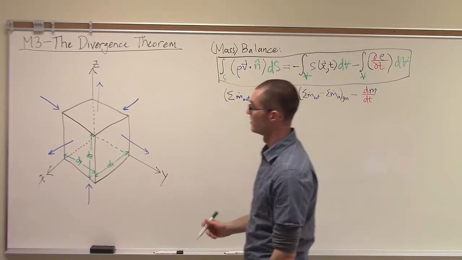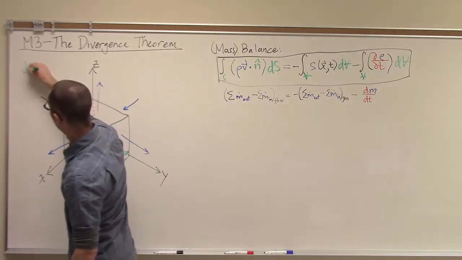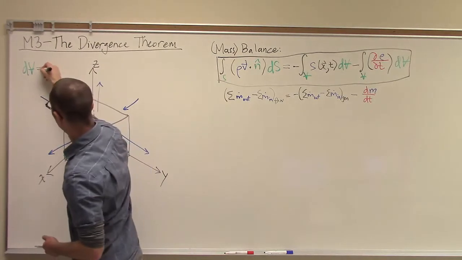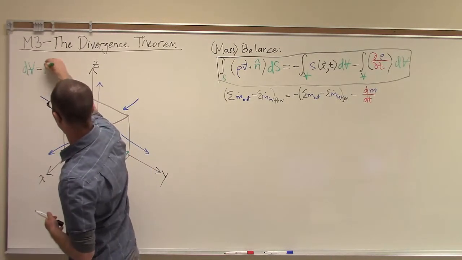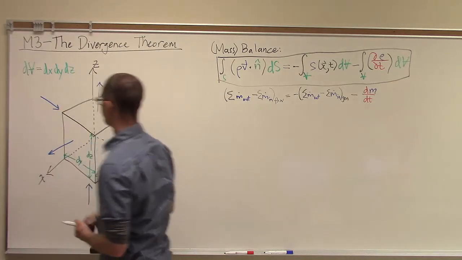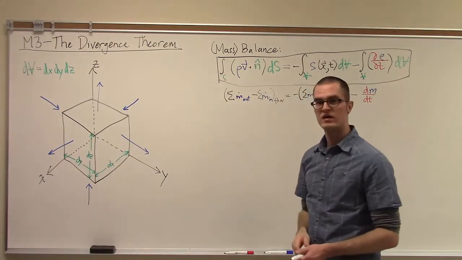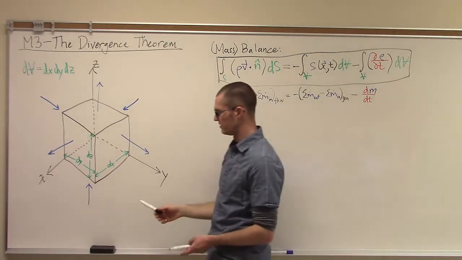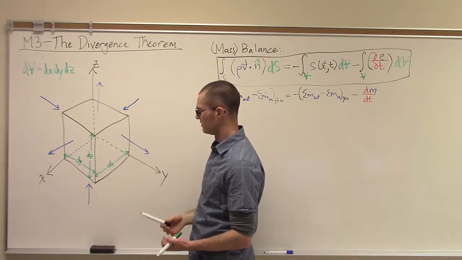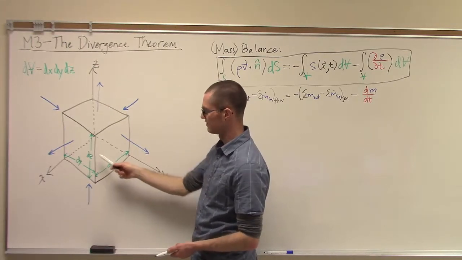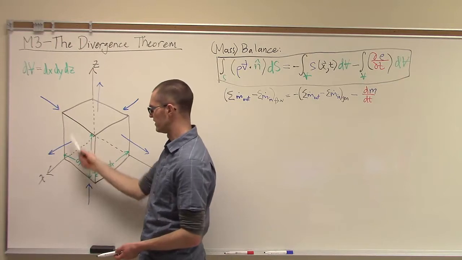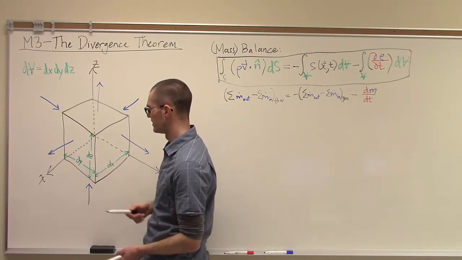It makes up a volume dv equal to dx dy dz. So the area on this side right here, ds, is actually dx times dz, the area of this face. And then on this face over here, the area is dy times dz.